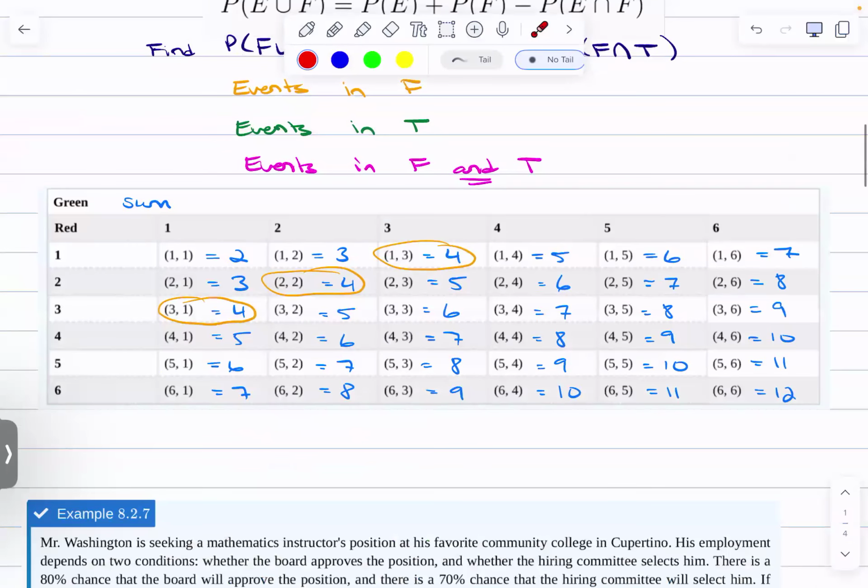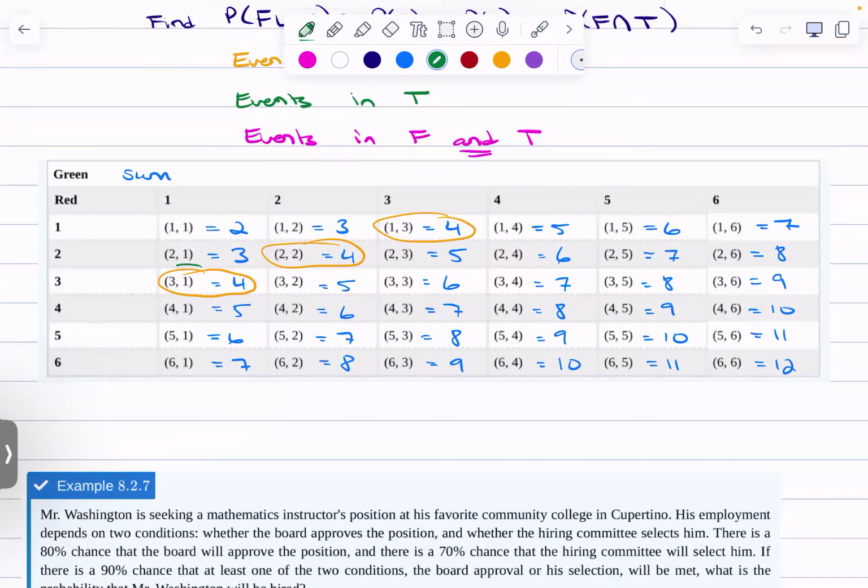And so as long as it shows a 3, I'm going to circle it. Now I'm talking about the die, right? Not the sum for this one. And so for the events in T, I want the events that have a 3, which is going to be all of these guys. That's 2 3s and at least 1 3.